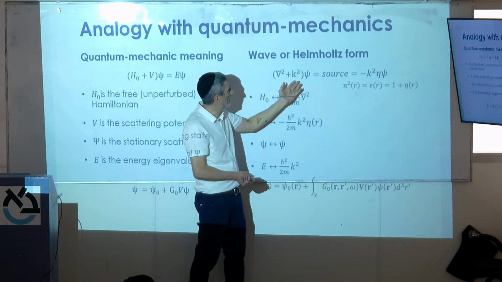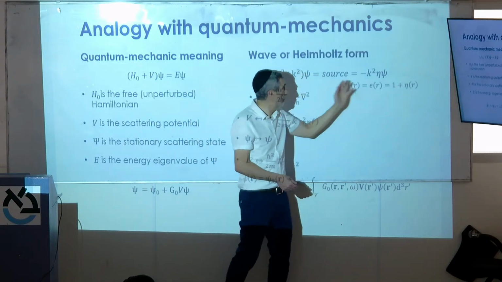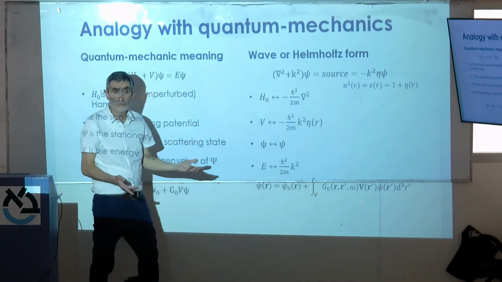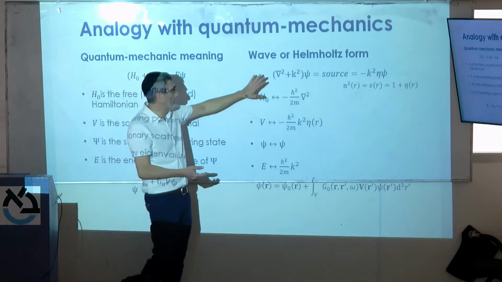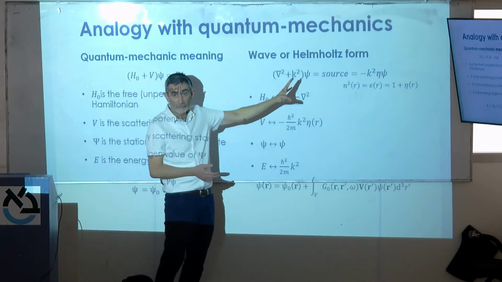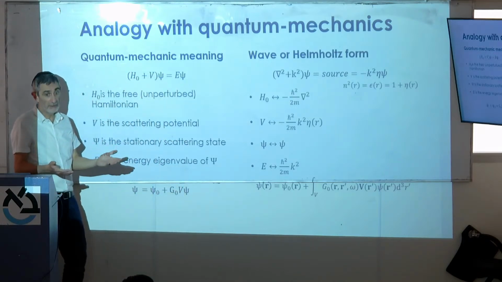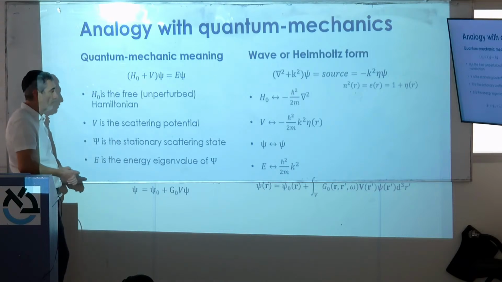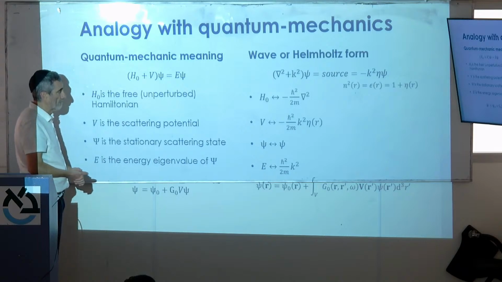You can take the eta, the description of the scattering medium, out to the other side of the equation, and then you have a source term. It's a simple way to see the wave equation inside the scattering medium as the wave equation with a source term. We understand that because the scatterer is really like a radiating dipole that radiates like a source inside the system.